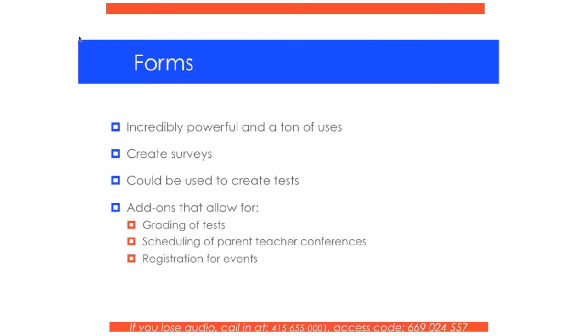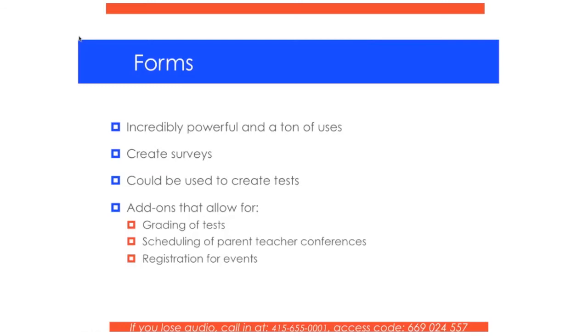There are add-ons available for Forms, like Flubaroo and Sheets, that will grade your quizzes for you. I've used Forms to schedule parent-teacher conferences. There's an add-on for Google Forms that, when someone selects a multiple-choice option, removes that option.